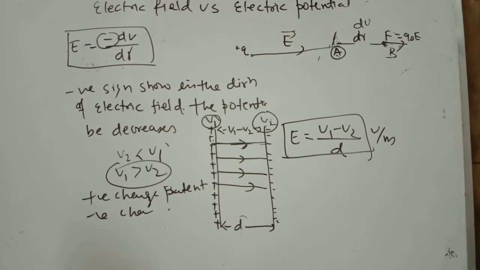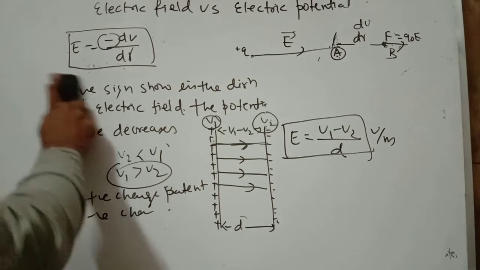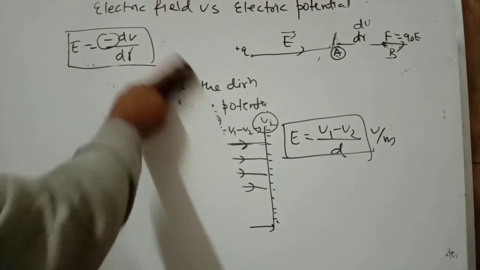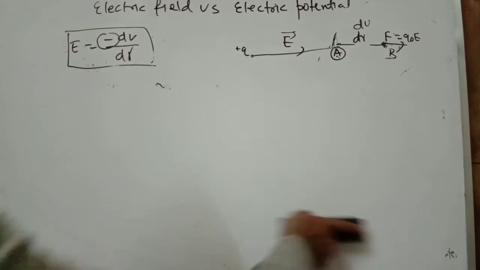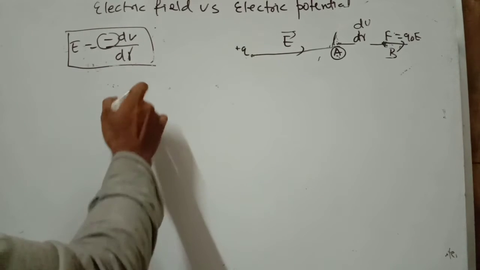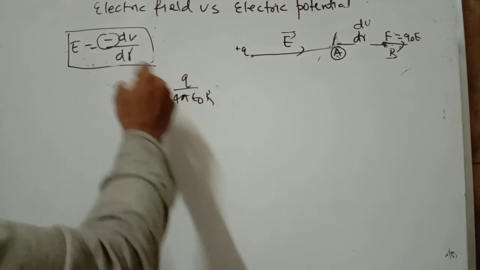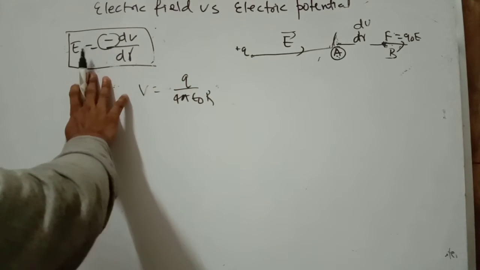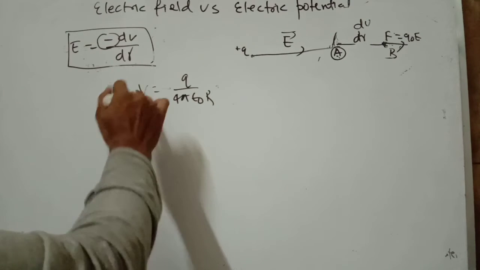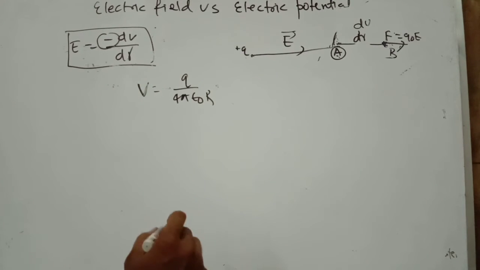Now you can also establish the relation between electric field and electric potential in another way. We know that V equals q by 4 pi epsilon naught r, the potential at distance r from a point charge.